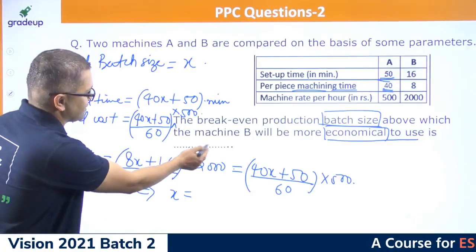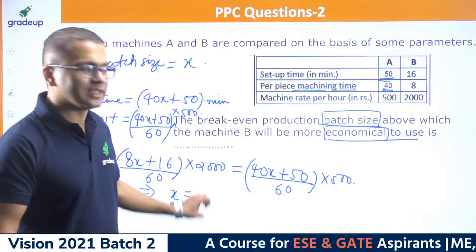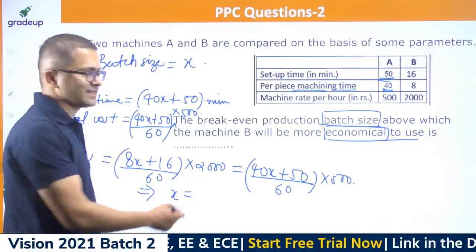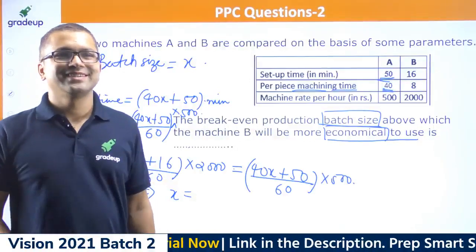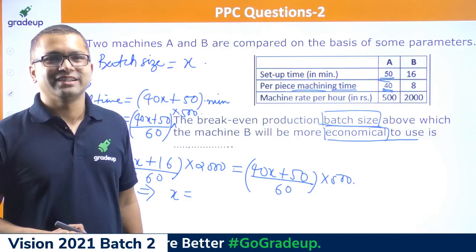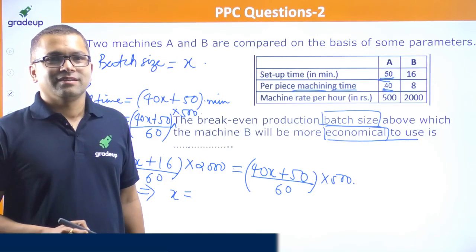Because it's a fill-in-the-blank question, right? You need to fill in this. So what is the answer? That means x equals to, now here the trick comes up, right? So what is that?